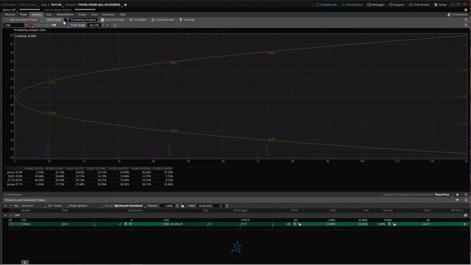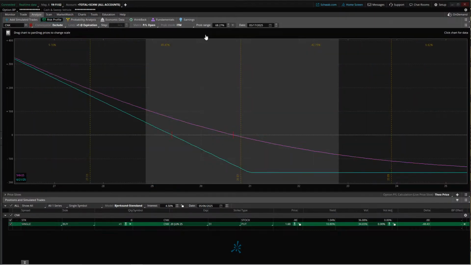And then I'm going to go back over here and open that up. Anyways, you guys are looking at a probability analysis for this trade. Here's a risk profile of what the trade would look like. The purple line is today's date, and the blue line is the expiration date.